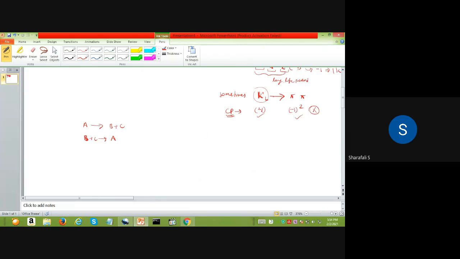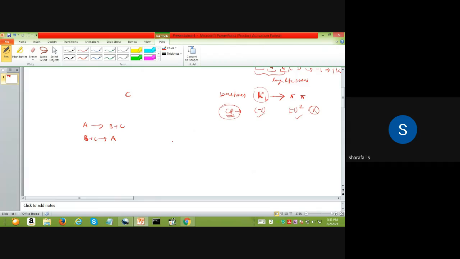Because CP symmetry is violated in some interactions, we cannot rely on it. First, we considered charge conjugation, but charge conjugation was not there for some particular reactions.